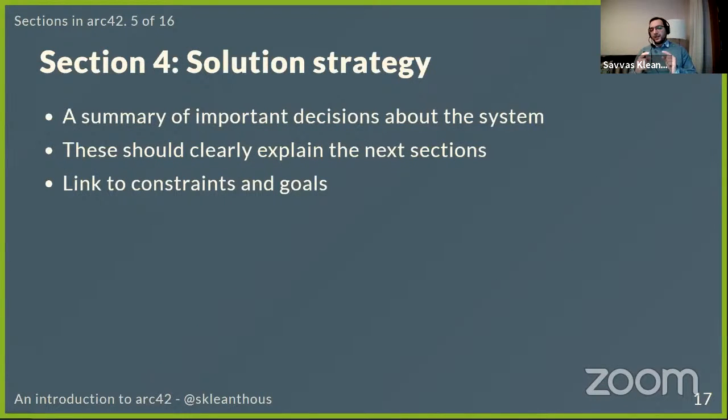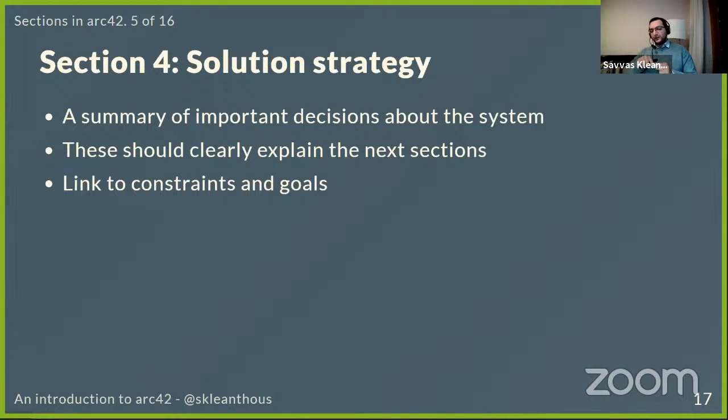Now, I find it very useful that all of the decisions that are documented here, I very often link them back and link them forward. I link them back to the restrictions that we had previously, for example, just to explain why certain of those decisions have been made.